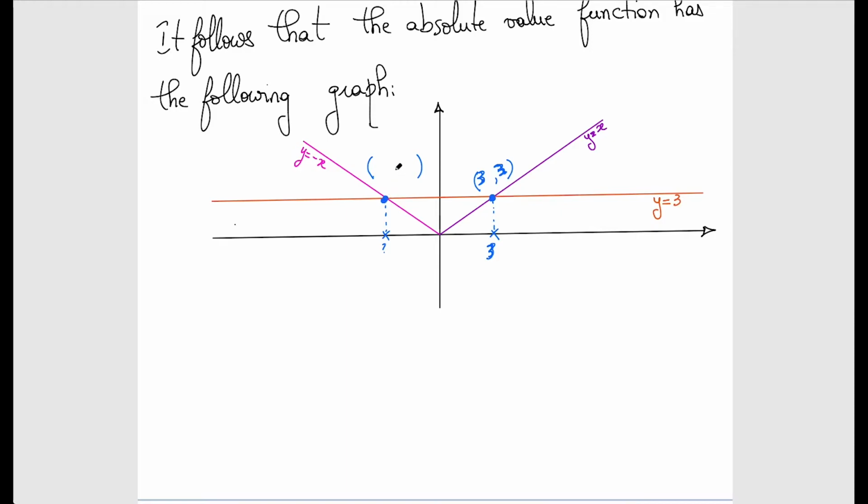So the y coordinate is 3 for sure. And since the x and the y are almost the same up to a change of sign, this guy better be -3. Correct? So the y coordinate is the opposite of the x coordinate, because this is the x coordinate, which is -3. The opposite of -3 is 3. So this is correct. So what's this guy then? The x coordinate is -3.